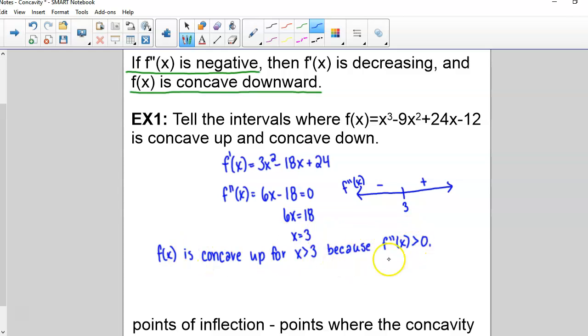So second derivative is positive, f is concave up, and then we would say f of x is concave down for x is less than 3, because f double prime of x is less than 0. Okay, questions?